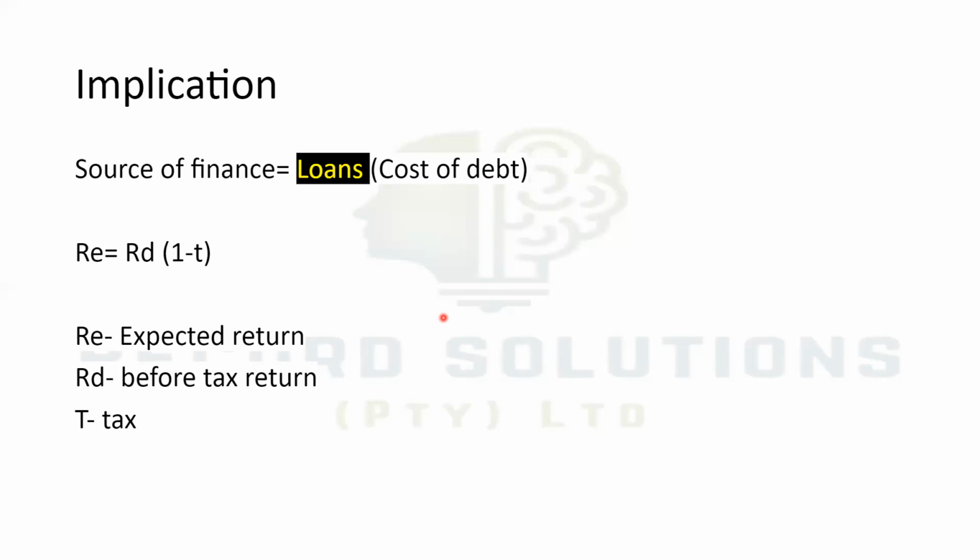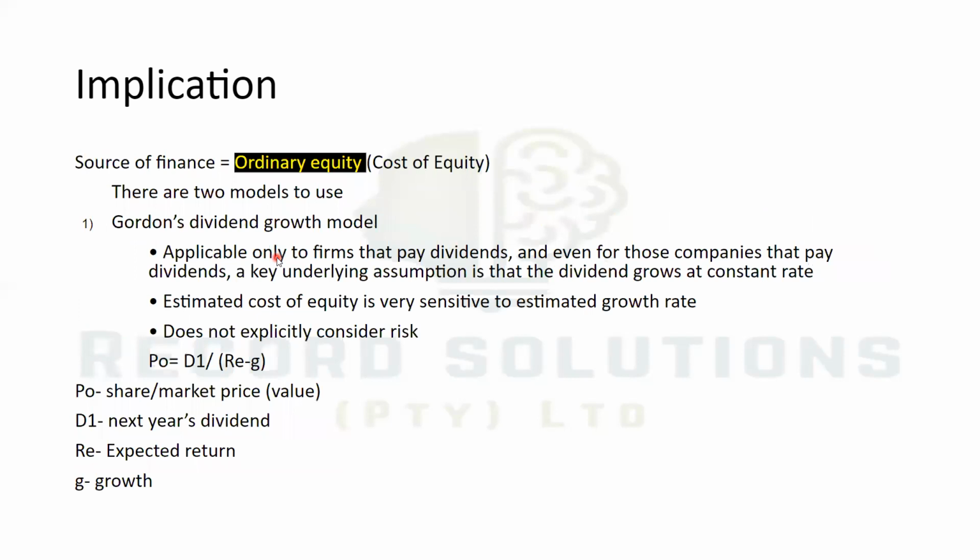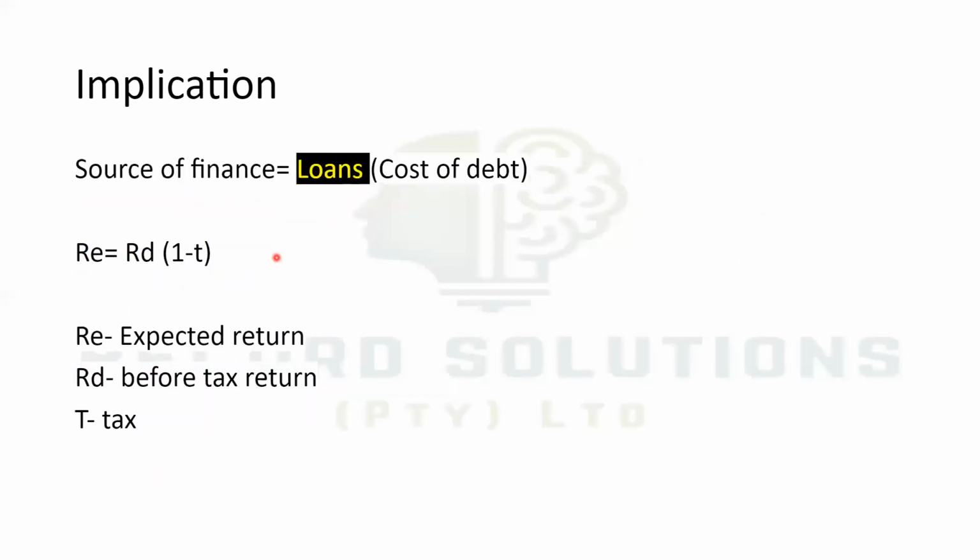So if they say calculate the cost of the current liability, and you don't see anything, then just say 0%, because in most cases it's 0%, because you are dealing with the creditor here. So those are the types of sources of finance that they can ask you, and how to calculate the cost.